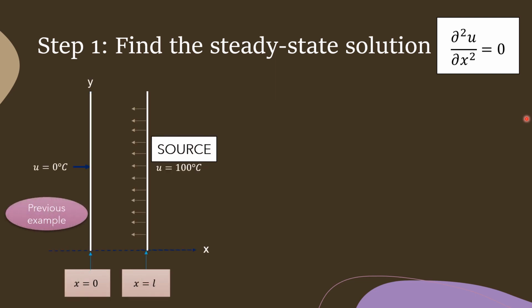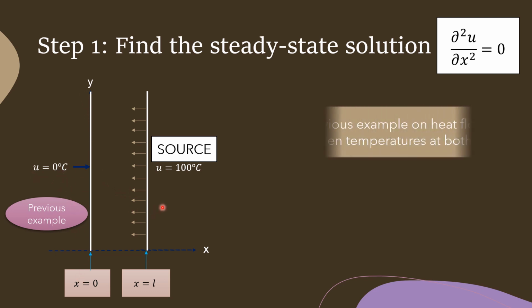And if you recall what we have discussed previously, we have the same picture over here. So we have a source at x equals L, and this is at u equals 100 degrees Celsius, and then the heat is going to go from the right to the left, and here at x equals 0 you have u equals 0 degrees.